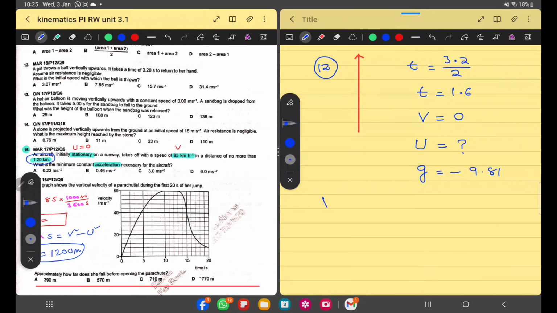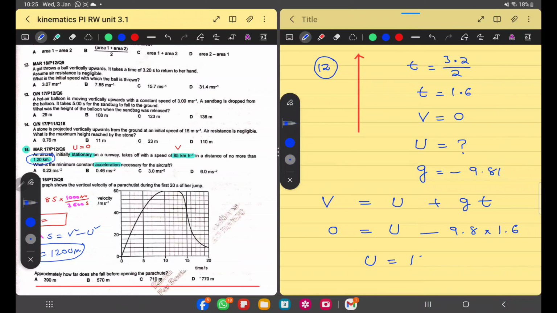Using the first equation of motion, v is equal to u plus gt. Final velocity is 0. Initial velocity we have to calculate. Acceleration 9.81. Time is 1.6. So 9.8 multiplied by 1.6 gives 15.68, and 15.68 means 15.7.